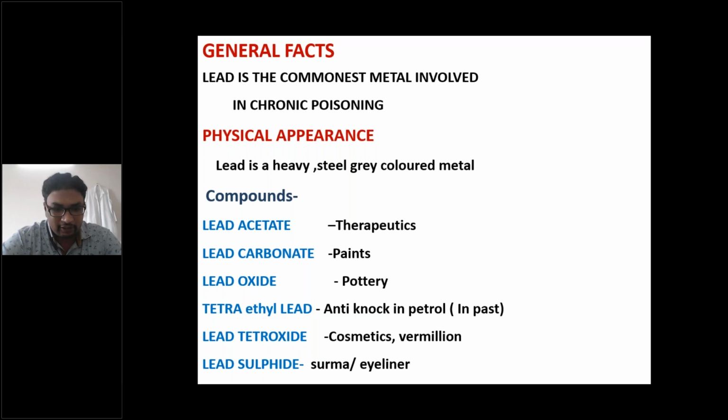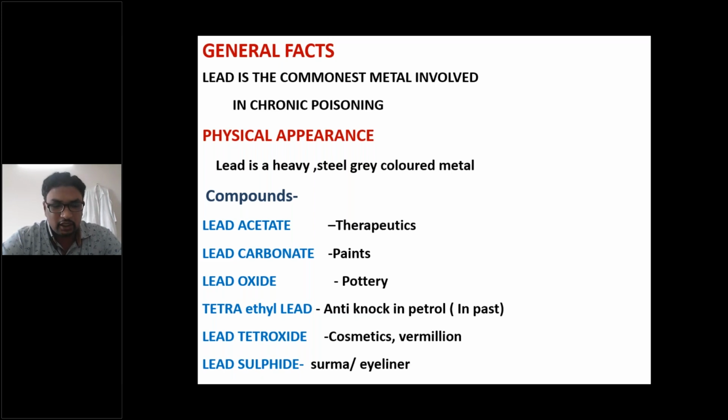Lead tetroxide is used in vermilion, and lead sulfide is used in surma and eyeliners, even in makeup kits. Surma is mostly used by the Muslim community around the eyes. So it contains lead sulfide.